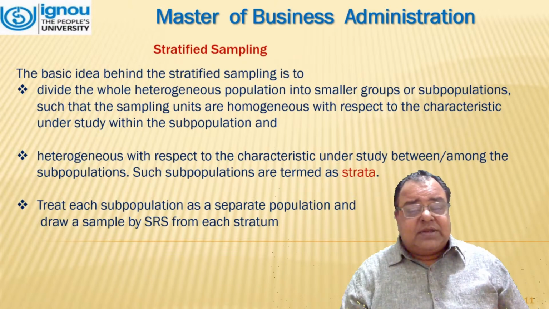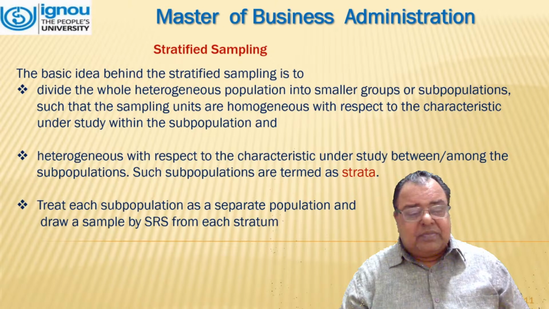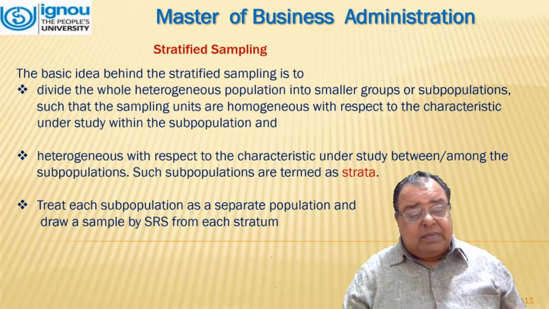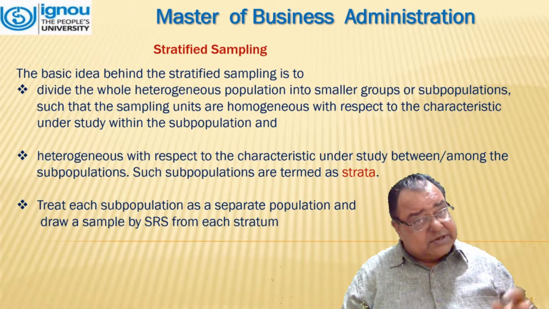Such subpopulations are termed as strata. Treat each subpopulation as a separate population and draw a sample by SRS from each stratum.